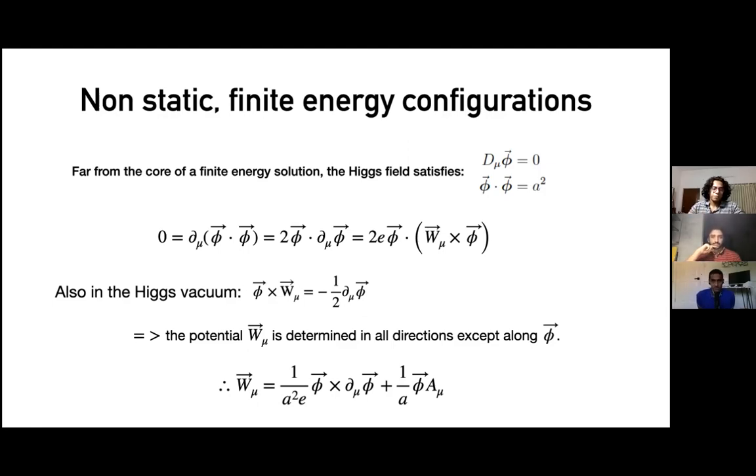And so you make the following ansatz, right? So in some sense, you're getting back to your question. You have the determined part, the part that's determined by just the scalar field, phi cross d mu phi. And then the part that's undetermined, which is phi a.